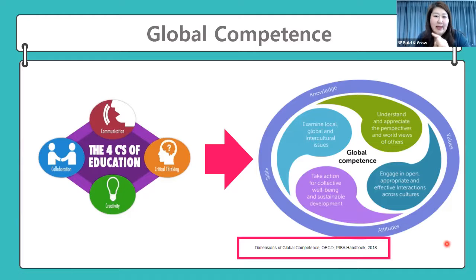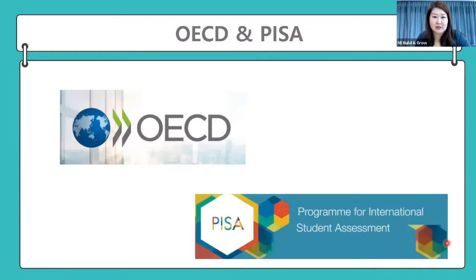So before we get into it, we need to discuss this first. I think some of you are familiar with OECD, because it is an international organization with offices around the world. Basically, OECD focuses on economic development around the world.